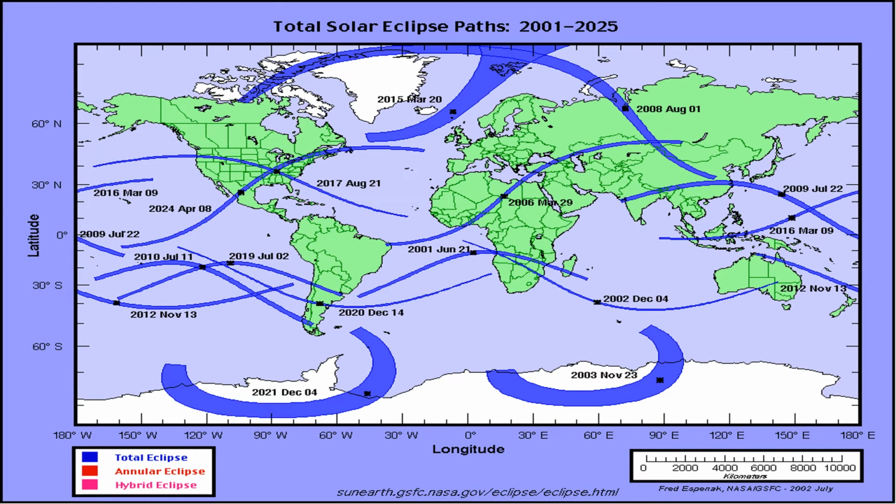And so, because we can map the rotation and the 5-degree orbit of the moon, we can figure out where solar eclipses, total eclipses, are going to be throughout the entire year. So right here, we're looking at total solar eclipses. And so these blue lines represent areas where you'll be able to see a total solar eclipse.